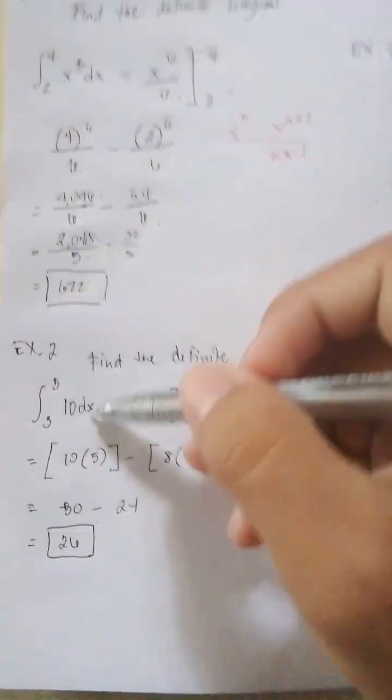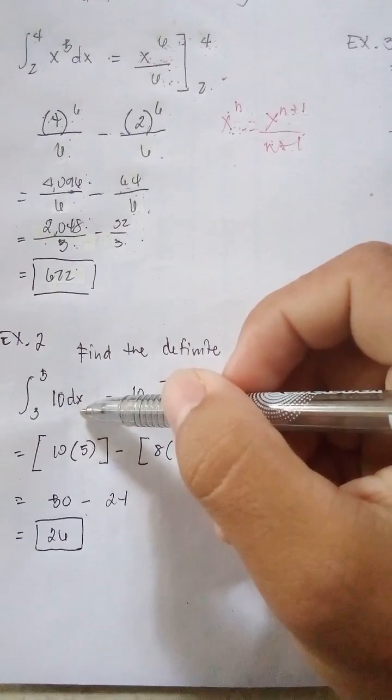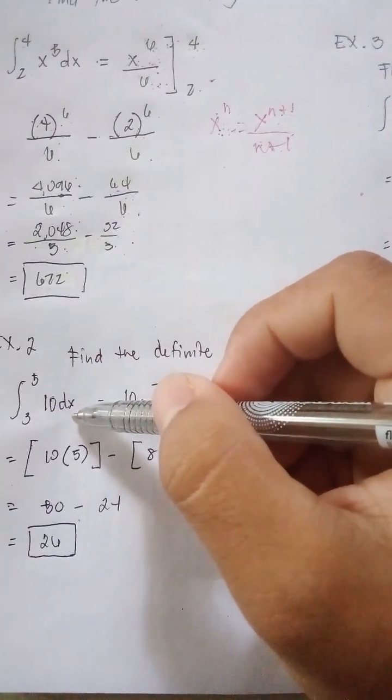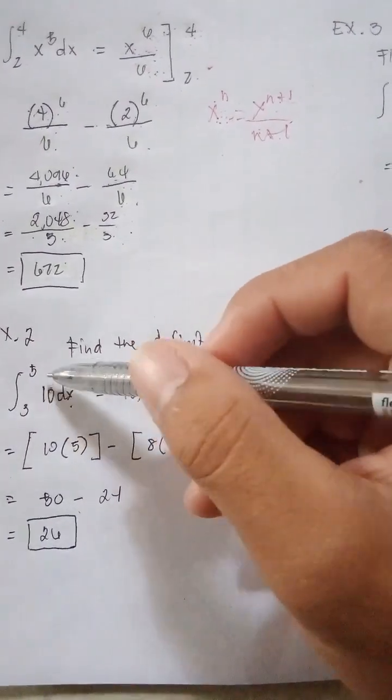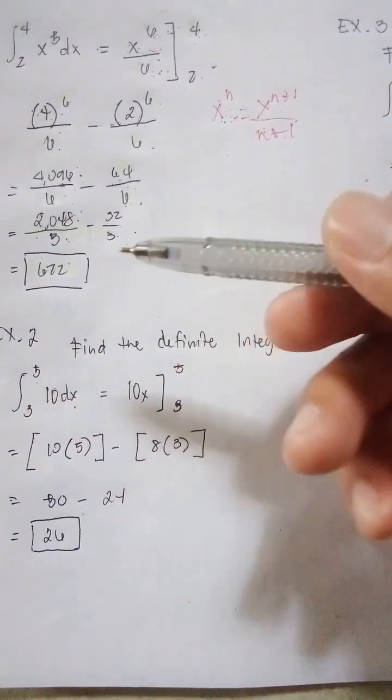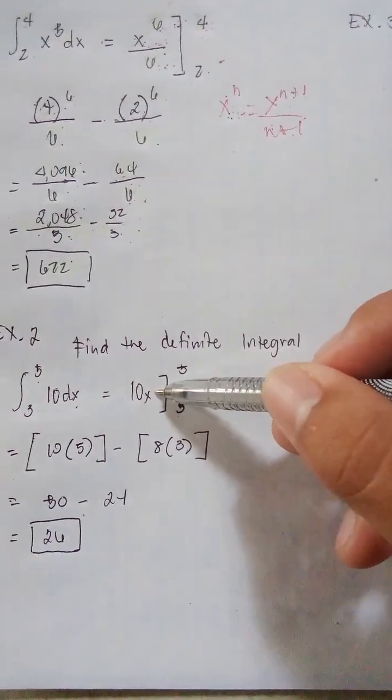We have here 10 dx. Evaluate the integral of 10 dx evaluating from 3 to 5 equals 10x.